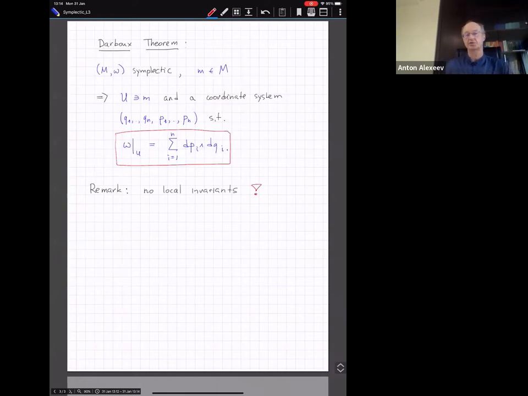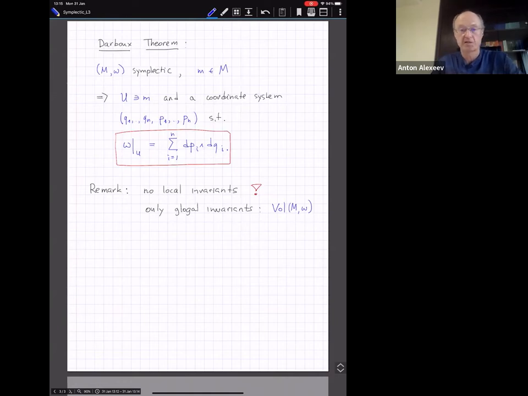You can find the coordinate chart where your symplectic form has this standard form. So the only thing that you may look for are global invariants. An example is, if M is compact, the symplectic volume, right? That's a global invariant. It knows about your whole manifold.